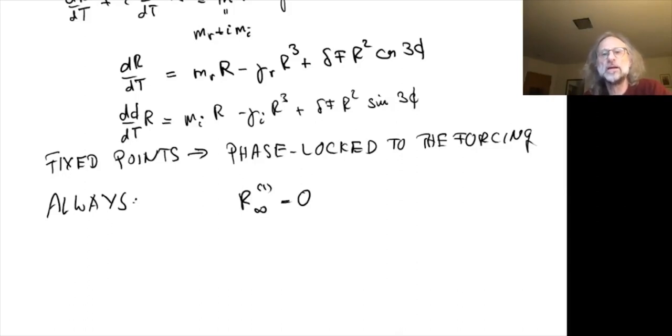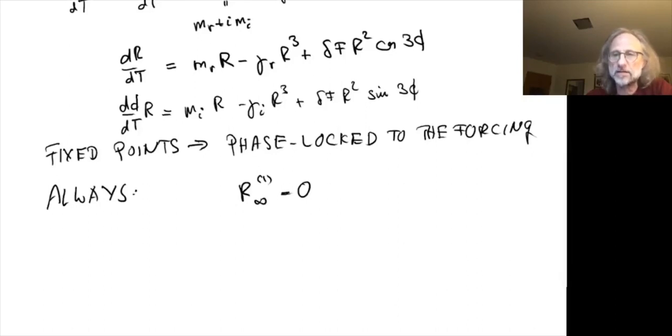Remember, y is driven with the forcing as an inhomogeneous term. And you may recall that y1 had a term a times e to the i omega naught t. And this a has magnitude r. So that's 0. But y1 also has an e to the 3i omega naught t, and that term is still there. So the solution r equals 0 is a solution that oscillates exactly along with the forcing.